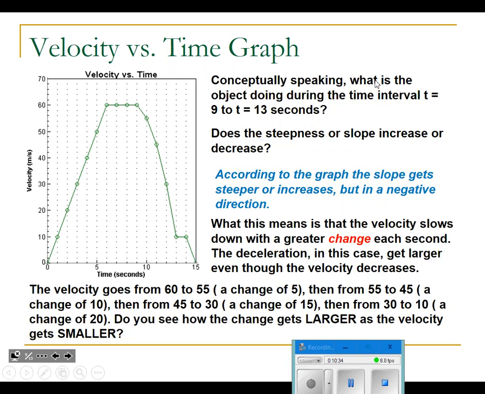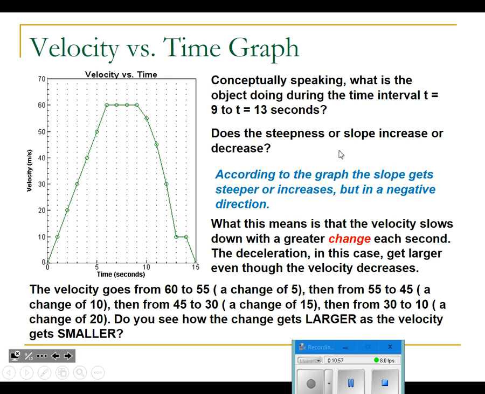Now, conceptually speaking, what is the object doing from 9 to 13 seconds? Well, from 9 to 13 seconds is here, and the steepness, or the slope, is it increasing or decreasing? According to the graph, it is steeper, but it's in the negative direction.